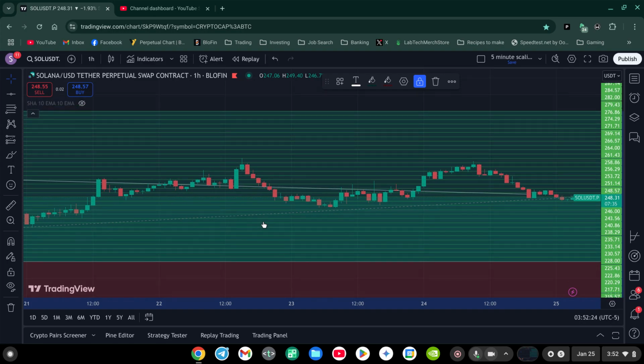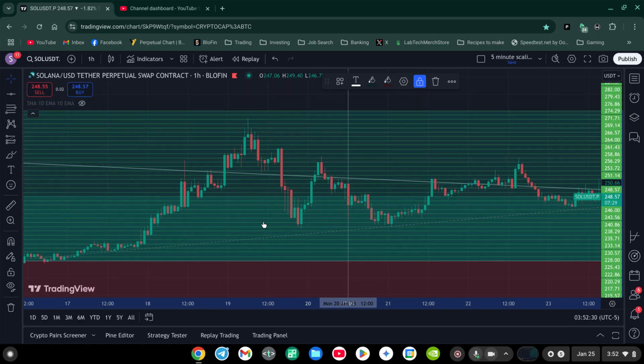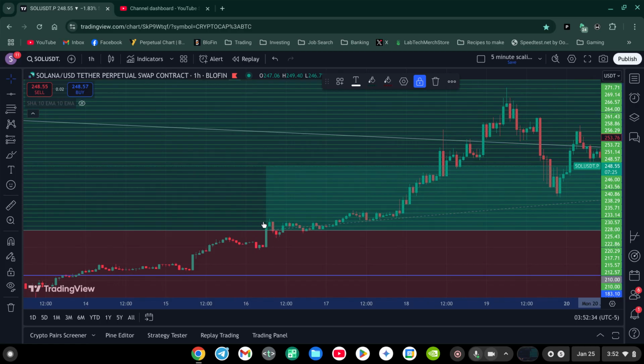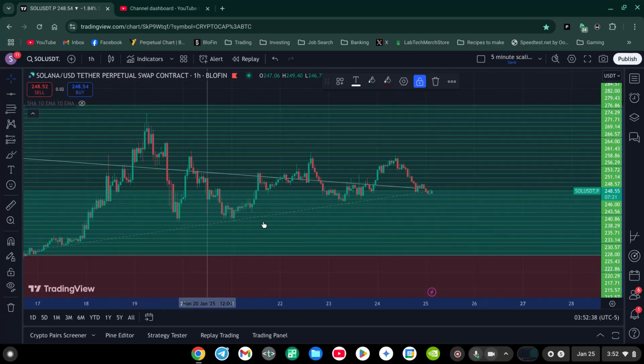If you look at it on the 1 hour chart, you can see how this fundamentally is a good general distribution of the grids if you map it all out, visualize it, and look at it.